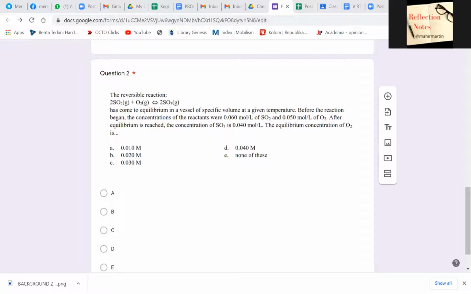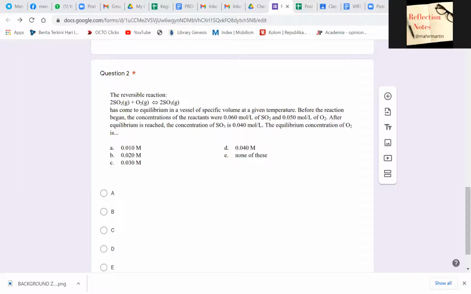Okay, in this question, we are not given the mole, but we are given the concentration. No problem, guys. Sometimes in the ICE, we can use also the molarity, because they are in one vessel, so the volume is the same. So here, before the reaction begins, it means its initial concentration of the reactants were 0.06 and 0.05. And no SO3 because it is the product.